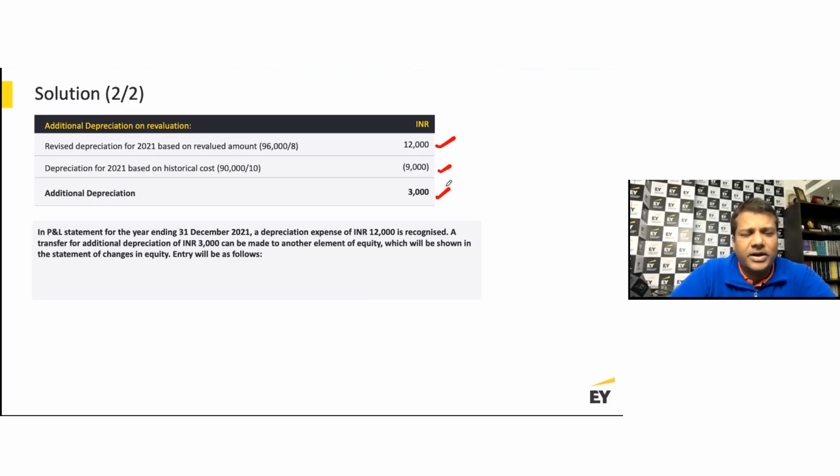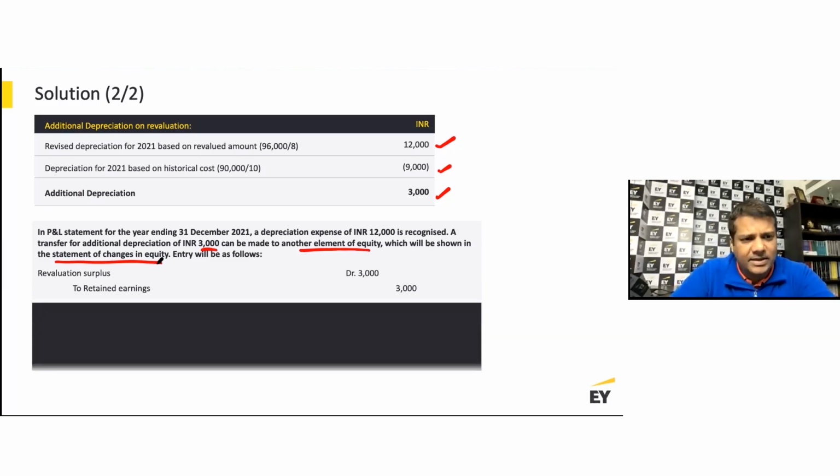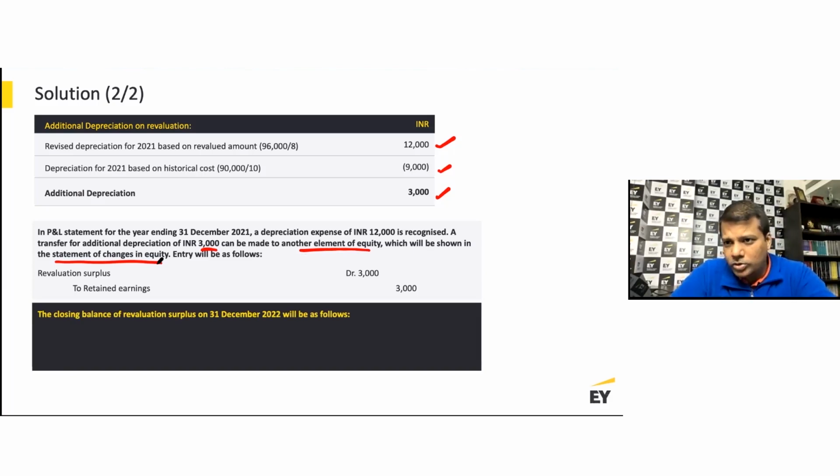A transfer for the additional depreciation of 3,000 can be made to another element of equity, which will be shown in the statement of changes in equity: revaluation surplus debit 3,000 and credit retained earnings. So it's a balance sheet entry, but the depreciation charge of 12,000 goes to the profit and loss account. That's the important distinction between existing Indian GAAP and Ind AS 16.